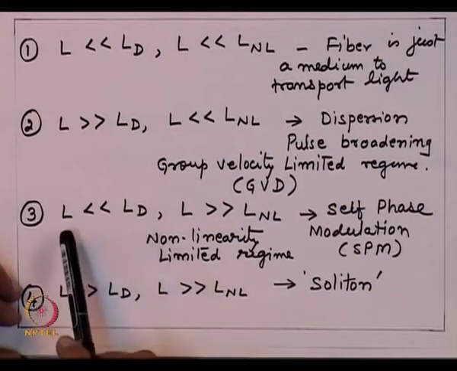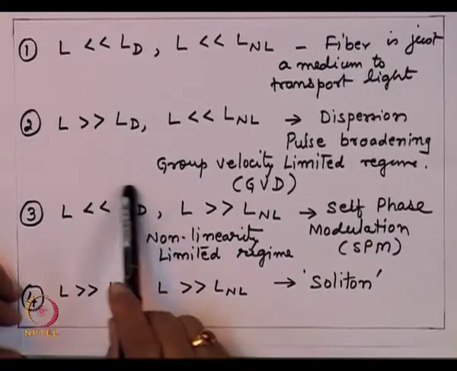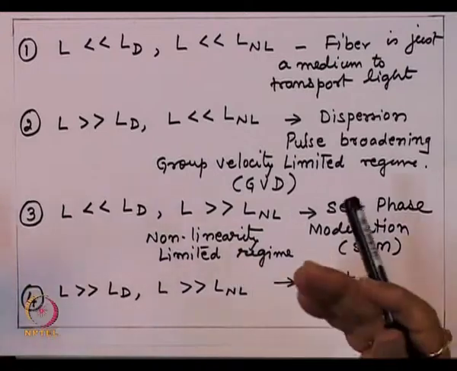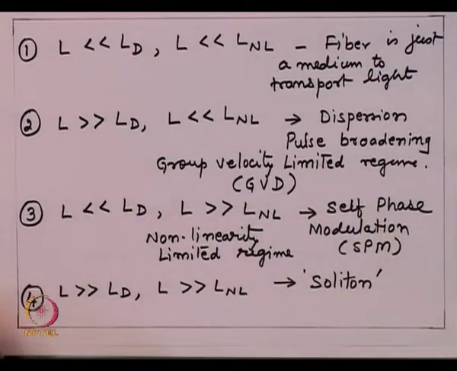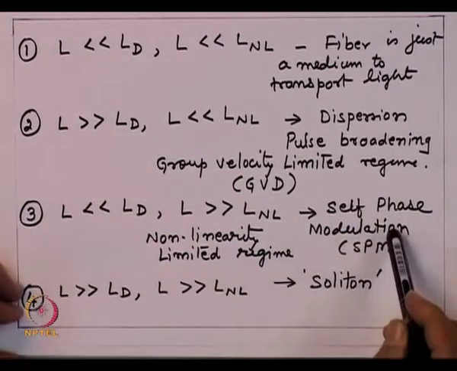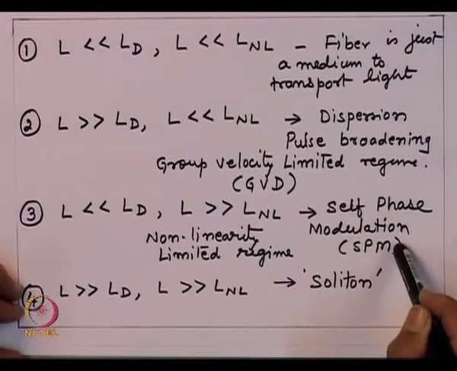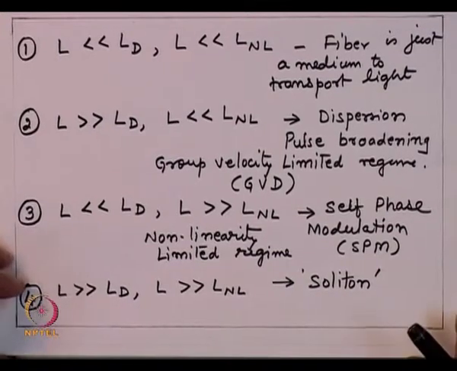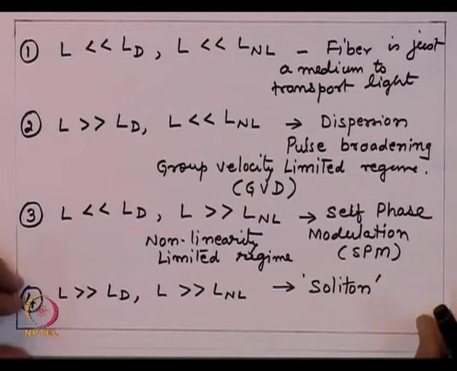The third case is when the dispersion effects are not dominant but the nonlinearity effects are, which happens if there is a large power inside the optical pulse. Then we get a phenomenon called self phase modulation, which we will also investigate. And when both effects are present, we get a pulse called a soliton.